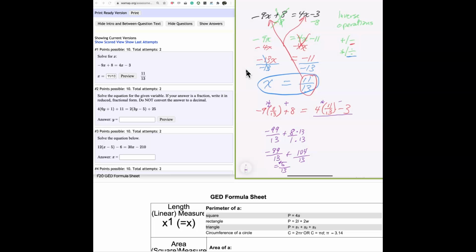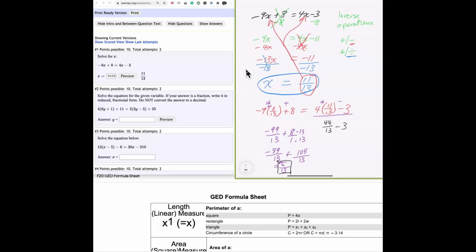Okay, so let's just circle this. Let's use a bright color. 5/13. And so 4 times 11/13 is going to give us 44/13 minus 3.